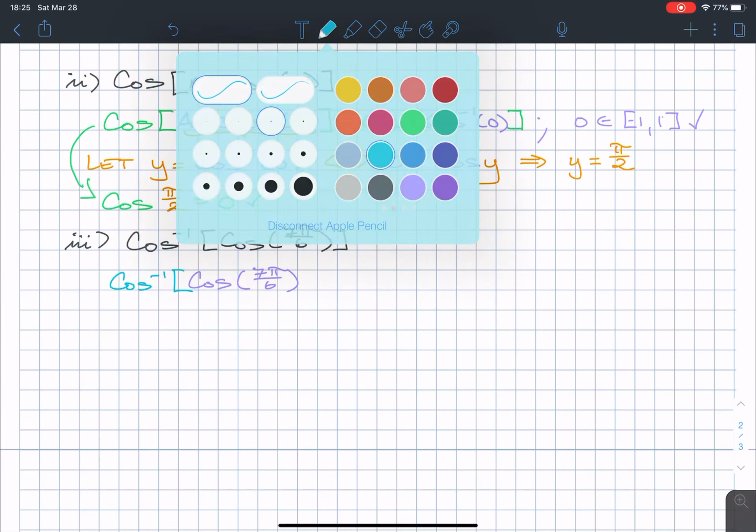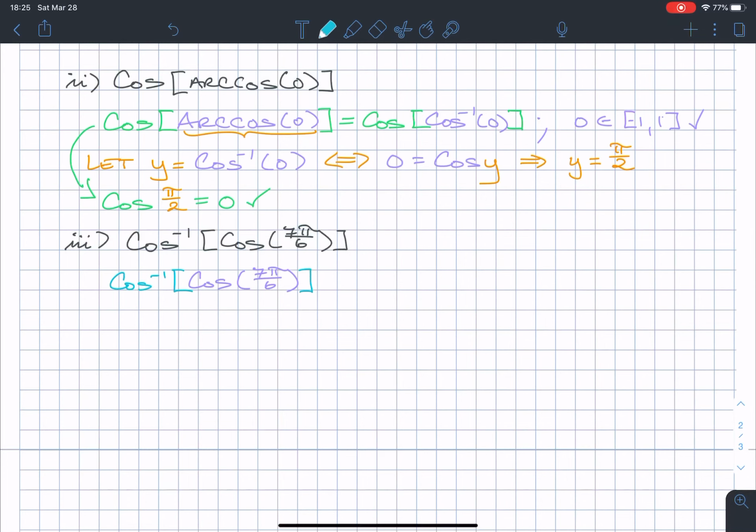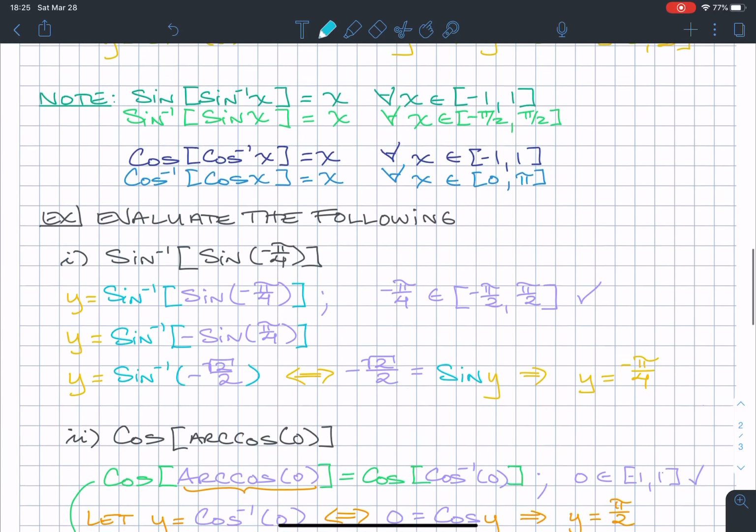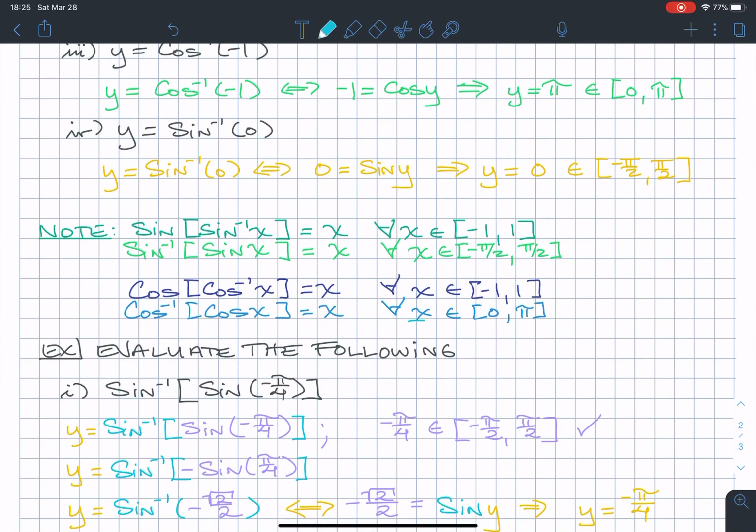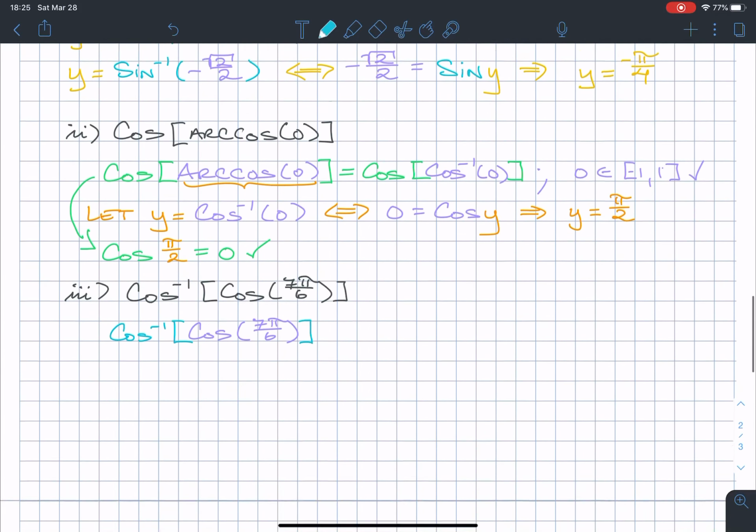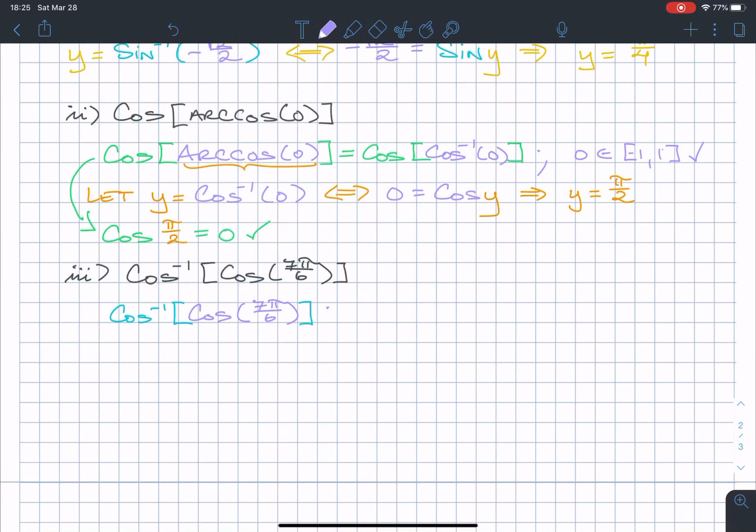Okay, we're going to come up with a problem here because for cosine inverse of cosine, I need that my value of the argument is between 0 and pi. But 7 pi over 6 is not in the interval from 0 to pi. So what's going to happen in this case? Well, let me show you what's going to happen.